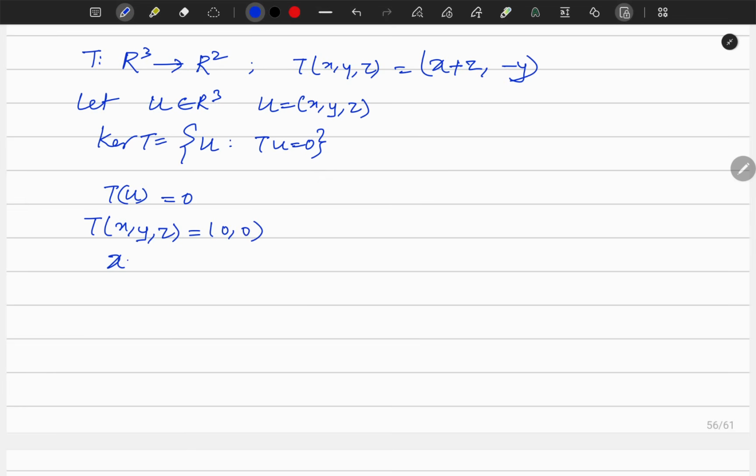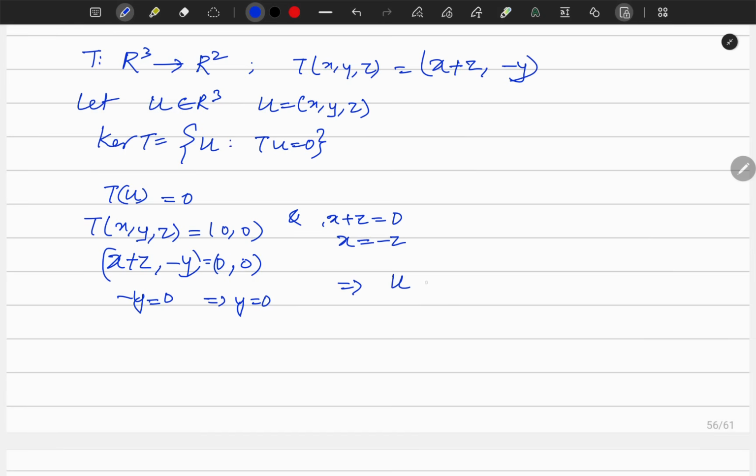So apply the T, so that is (x plus z, minus y) should be (0, 0). So minus y is 0 implies y is equal to 0, and x plus z is equal to 0 means x is equal to minus z.